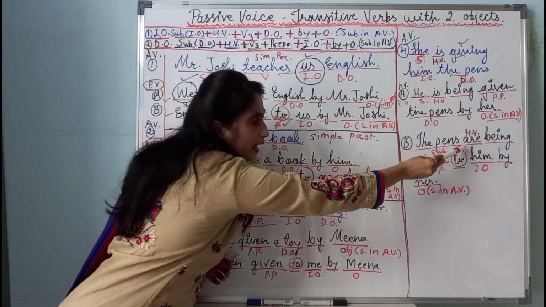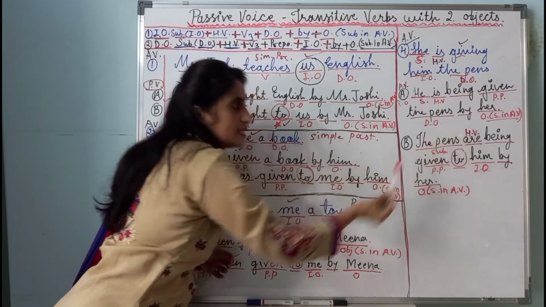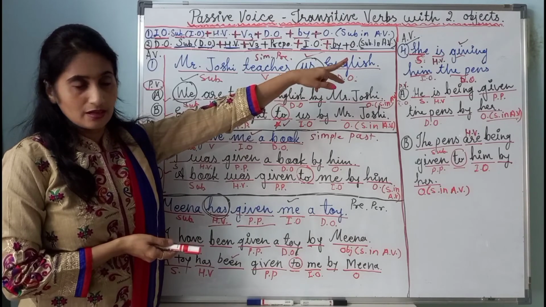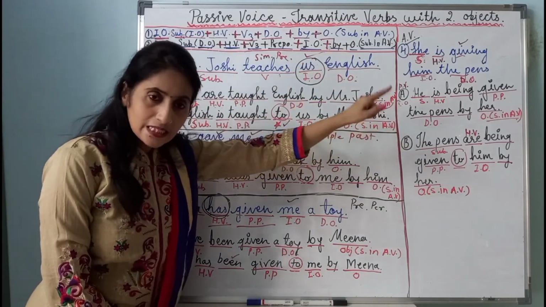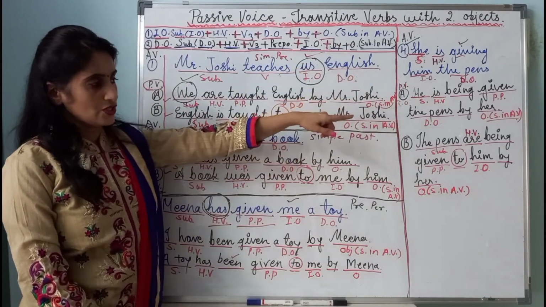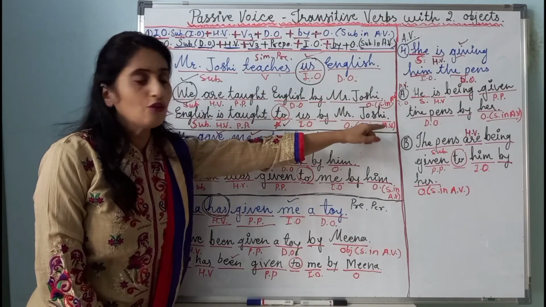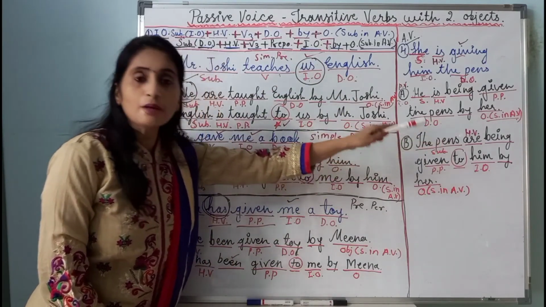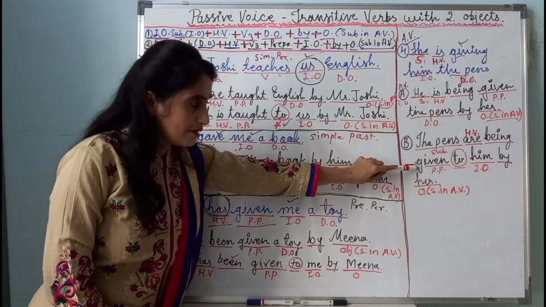And so the helping verb used here is are. Then what? An ing word is there. And so as the sentence is in continuous tense, we have to make use of being. So the pens are being. Then what? Past participle. Then given.